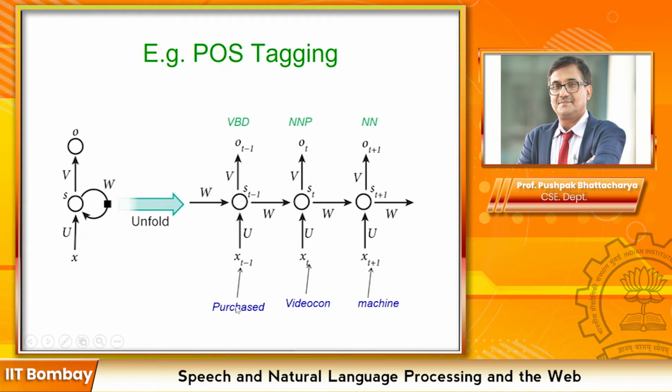So you cannot produce the translation of purchased immediately, after seeing purchased in the input string. So if you are not able to produce it immediately, you'll have to hold it back. And after you have seen a certain amount of text, Videocon machine, then only, uske baad hi, you can produce Kharida. So this is called latency.